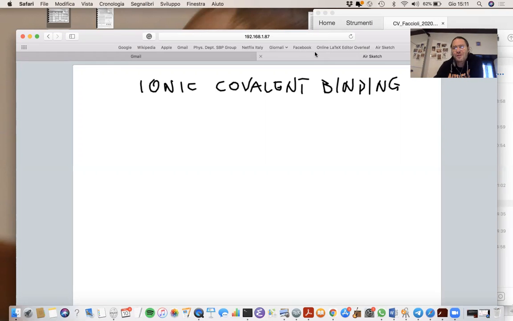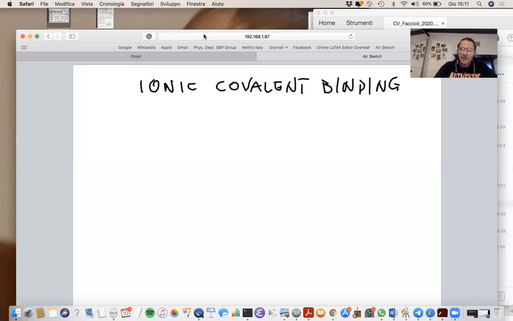At the beginning of this course, I remember I tried to motivate the interest in this course by saying that one of the fascinating features we shall discover by studying quantum mechanics and quantum chemistry is that the very nature of molecules, the very existence of covalent bonding, has to do with intrinsically quantum phenomena, and in particular, rather exotic quantum phenomena, such as quantum tunneling.